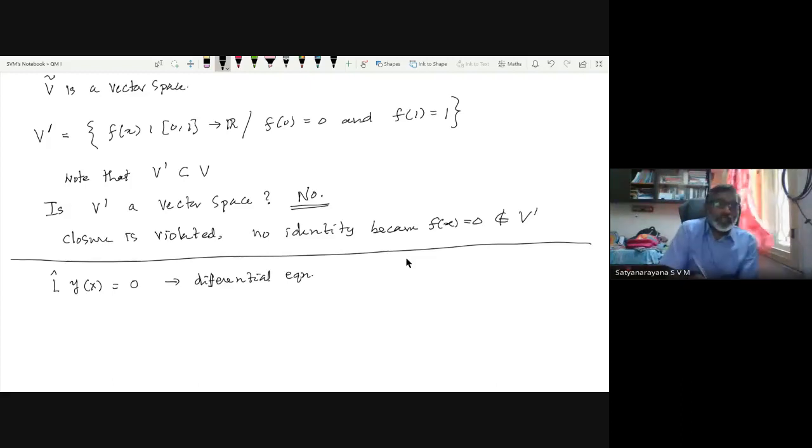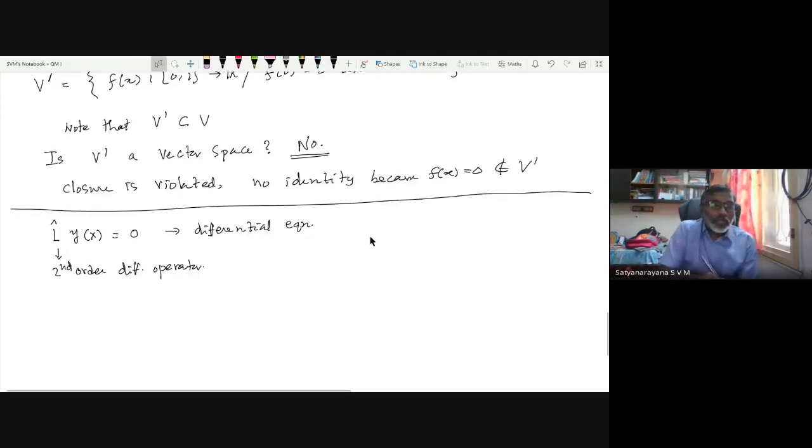To be specific, let us call this L, a second order differential operator. Now what happens? A second order ordinary differential equation has two linearly independent solutions. We'll call them y1 of x and y2 of x.